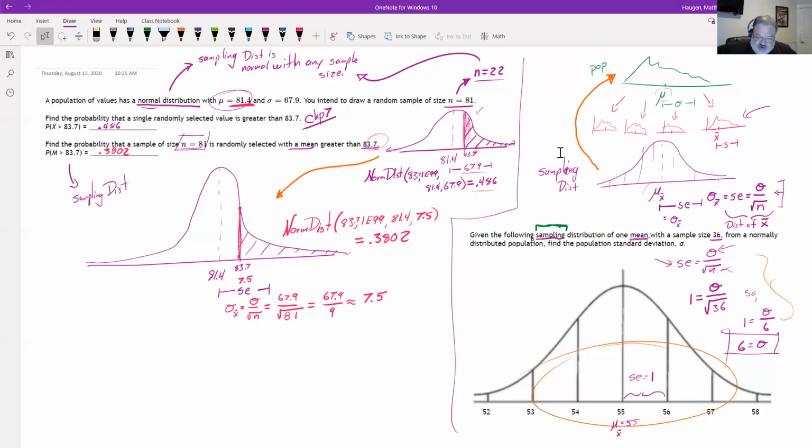It's tough not because solving for sigma was hard, but because keeping track of the sampling distribution and the sample standard deviation versus the population standard deviation versus the population distribution is the hard part, and that takes some time and practice. So be okay with it taking a while to get comfortable, but do focus on that language and those details.